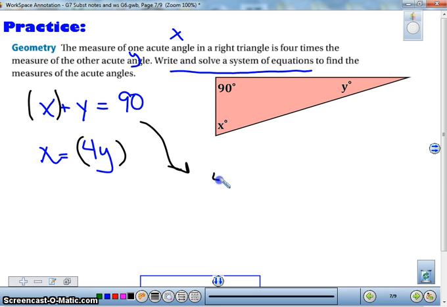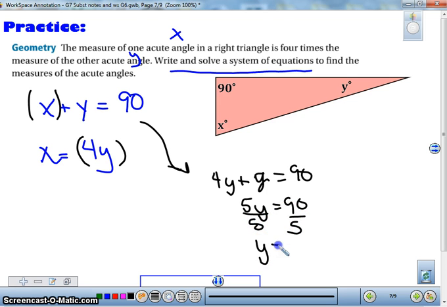Instead of writing x, we're going to put 4y plus y equals 90. 5y equals 90, and we are dividing. And y equals 18. So this is 18 degrees. What do I know the other one has to be?